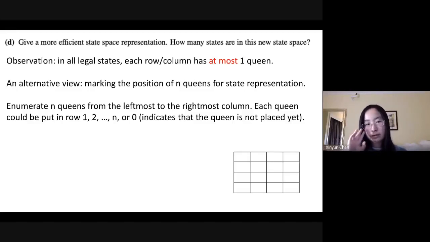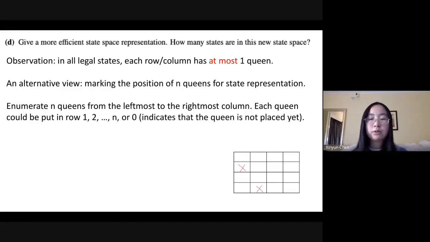Then we can see that for each queen, when we decide to put it in the grid, it will have n options, row 1 to n. For example, the first queen could be put in row 2, the second queen in row 4, etc.